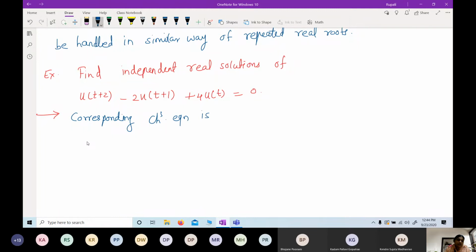is given by, what is the characteristic equation? Lambda square minus 2 lambda plus 4 is equal to 0. What are the roots? Lambda is equal to, how do you find roots? Minus b plus or minus under root b square minus 4ac divided by 2a. Right? So tell me what is lambda?